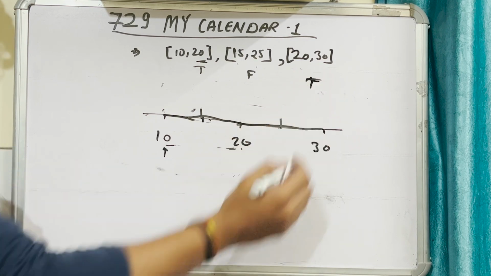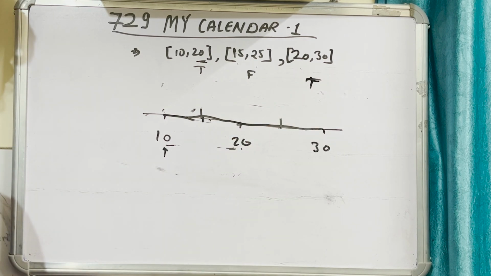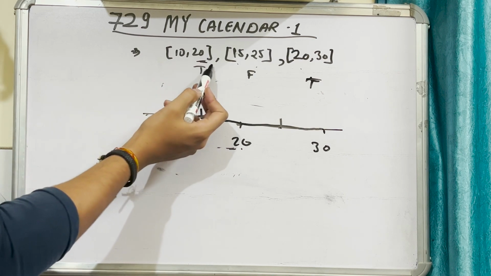So the simple thing you can be thinking of, the first thought I had, is that you can sort the array, then keep checking, or you can insert in a vector. First you will insert the starting value.